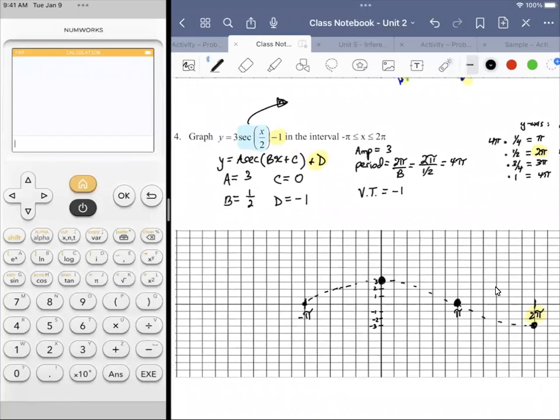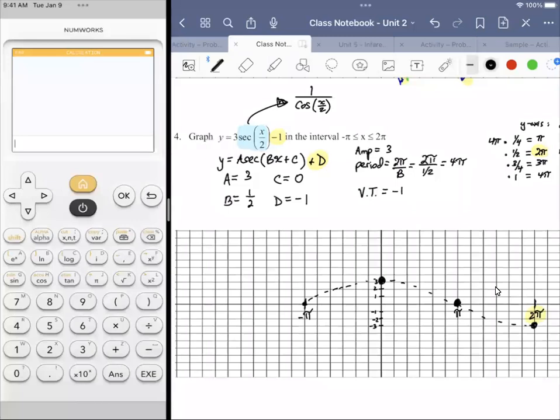Now, if you want to, you could do it using the reciprocal function, because secant is the same as 1 over cosine. So 1 over cosine x over 2. Now I want to know where that would be undefined.